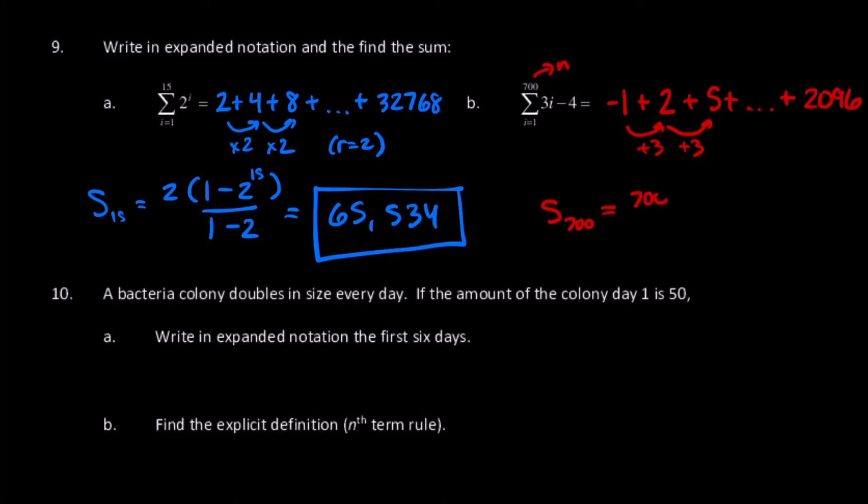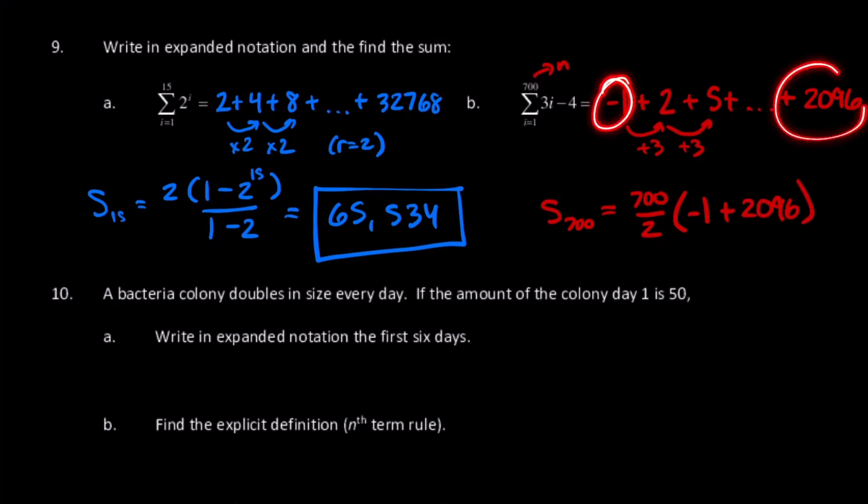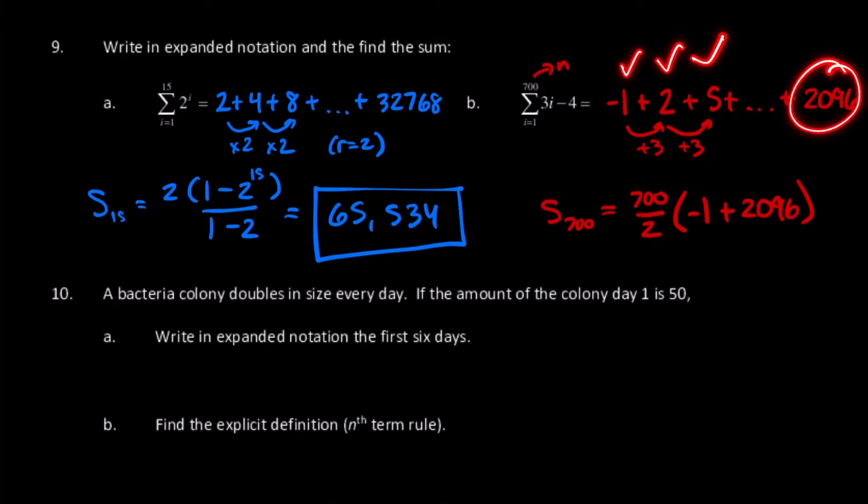So n over 2 is going to be 700 over 2 times the first term plus the last. And that's the great part about expanding this, is you already know those once you expand it. And that's why I make you do the first 3 and the last, because you need that last one in an arithmetic sum. Okay, and you throw that into the calculator. I got 733,250.